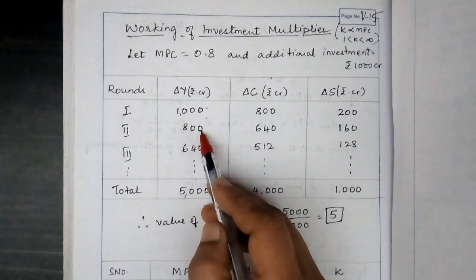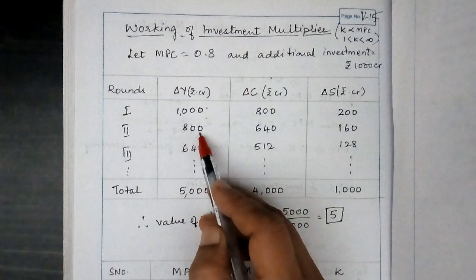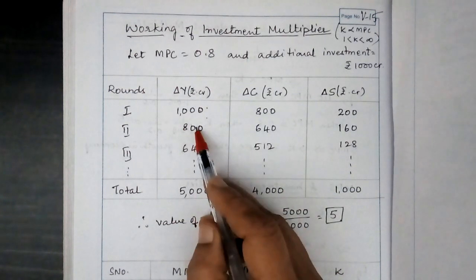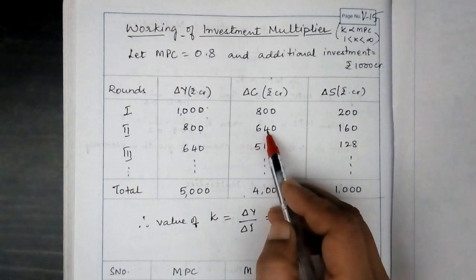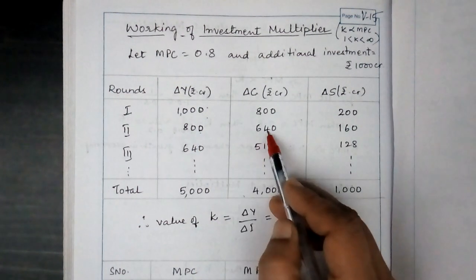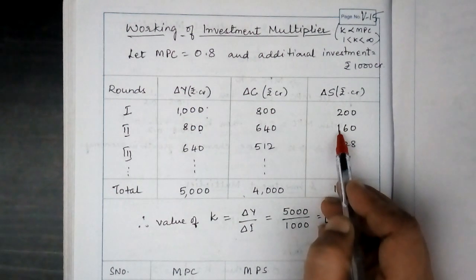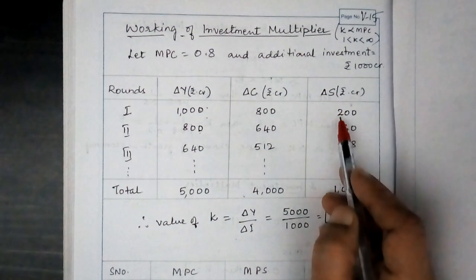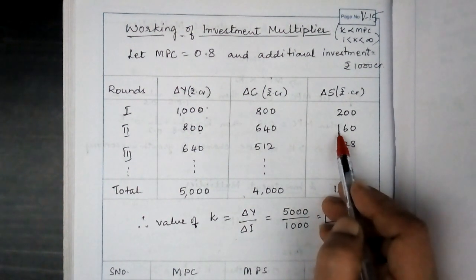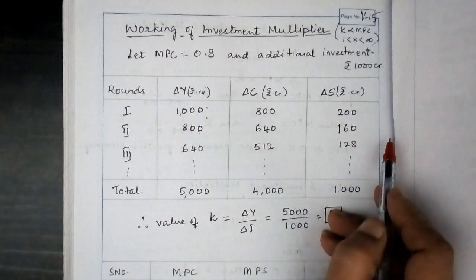So this 800 is the income generated, and 80% of this income is going to be consumed in the second round, which happens to be 80% of 800 equal to 640 rupees, and 20% of it is 160, which will be saved. Now this saving will also be called leakage, because this saving goes out of the circular flow of income.